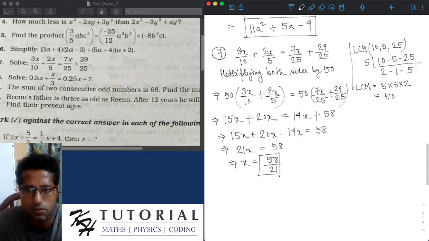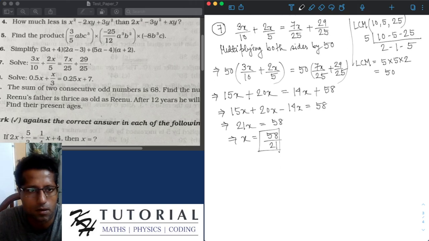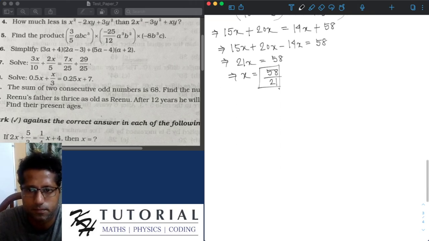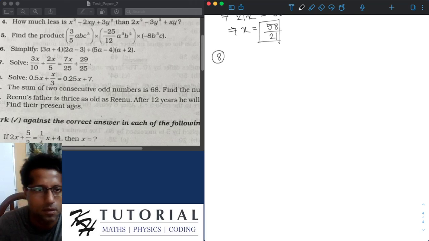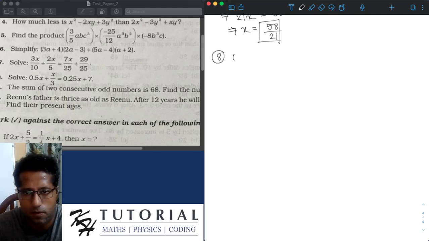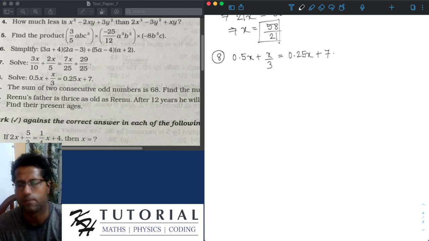Okay, let's do question number 8. Question number 8 is again solve 0.5x plus x by 3 equals 0.25x plus 7.